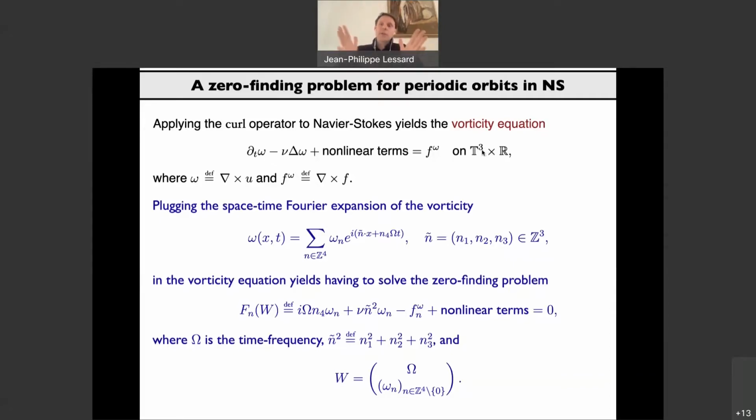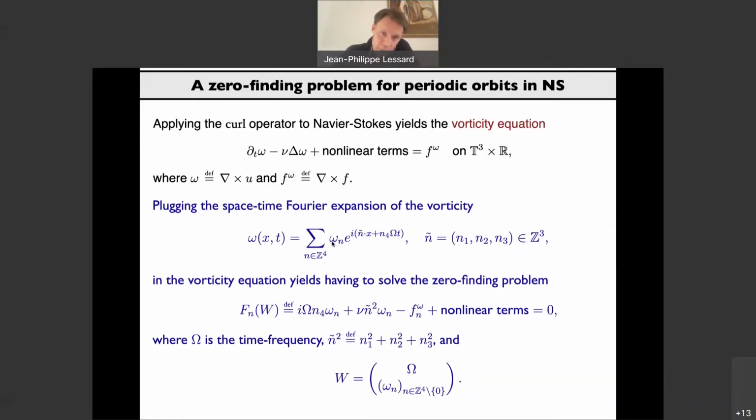Since we are on the 3-torus in space, solutions are periodic in the 3 spatial directions, and we are looking for a time periodic function. Therefore the vorticity that we're looking for is periodic in 4D, so in 3 spatial dimensions and 1 time dimension.